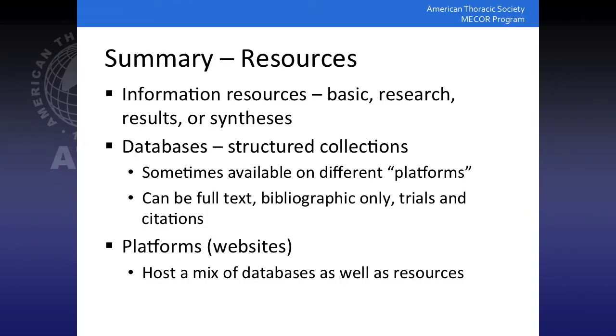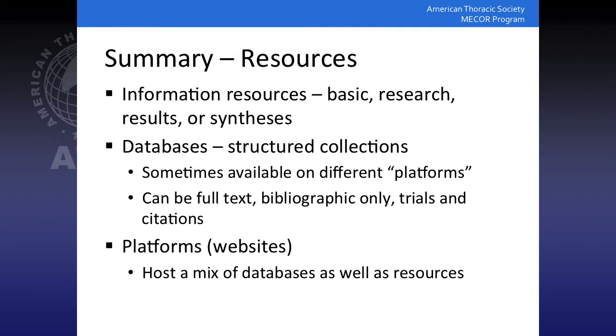So, a summary of this whole tutorial just now. Information resources: we have the basic resources, the research resources, or the results or synthesis resources. Databases are structured collections, sometimes available on different platforms. Databases could be full text databases, bibliographic only, databases of trials, databases of citations and other things.